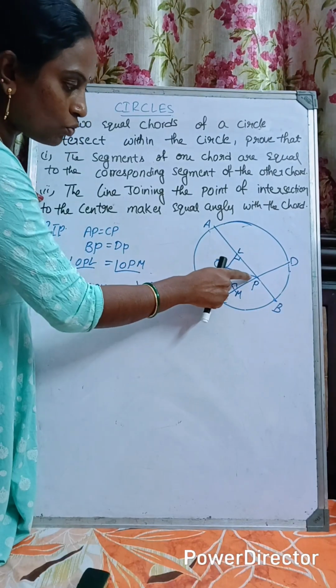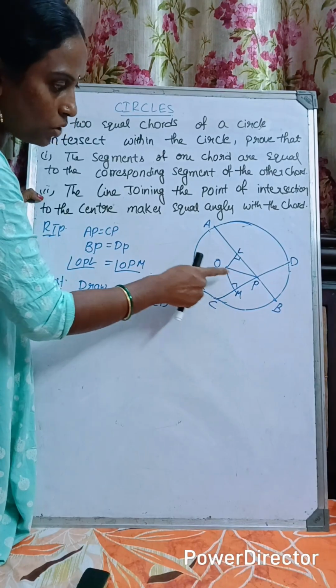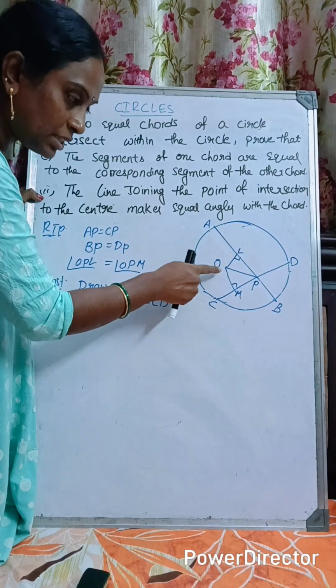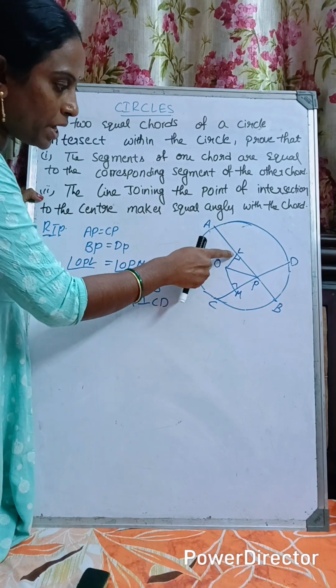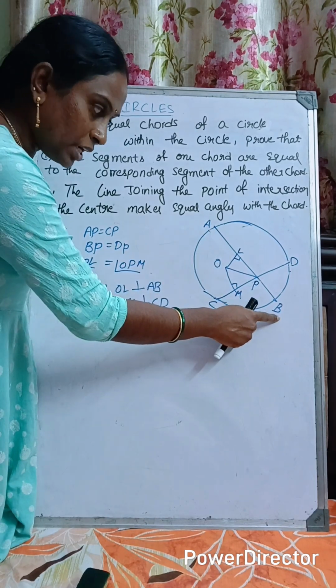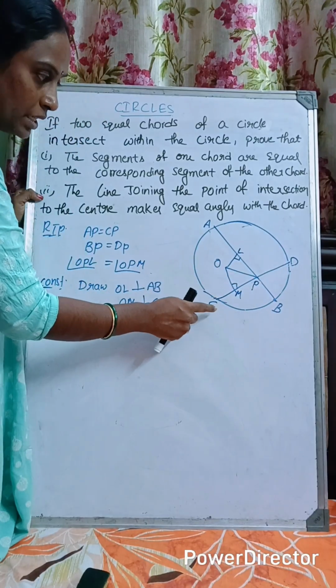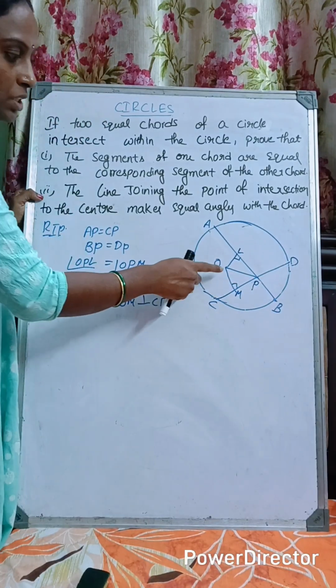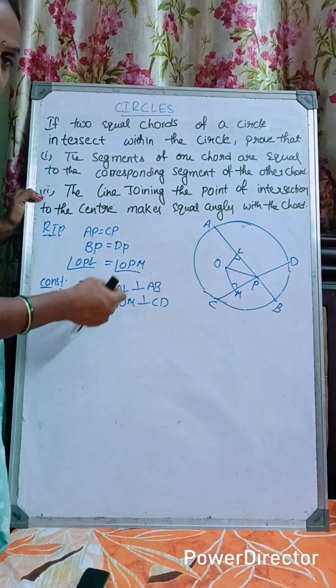So let's consider OPL triangle and OPM triangle here. So as we know, we have done the construction. What is our construction here? OL will be perpendicular to AB and OM is perpendicular to CD. Correct? As we know, center to the chord, if we draw the perpendicular, it bisects the chord.